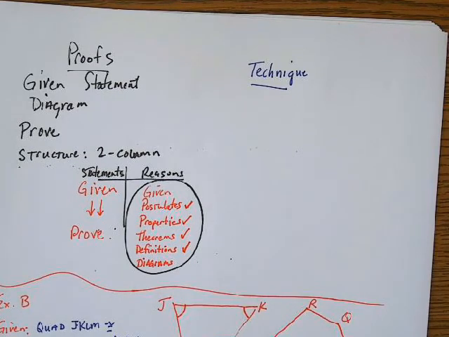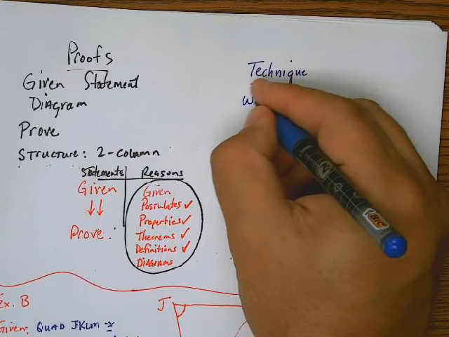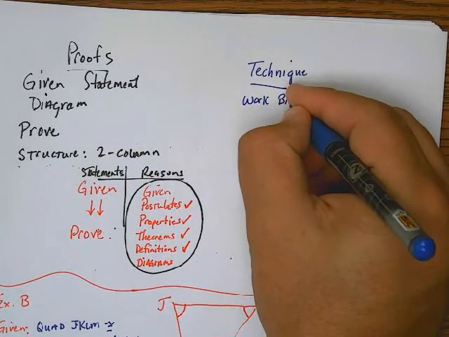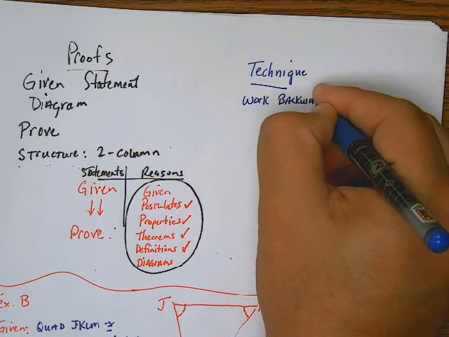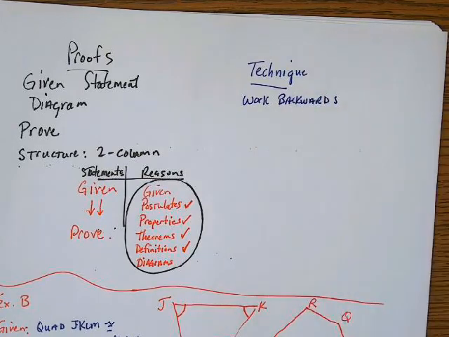Here's one technique. Work backwards. Work backwards. Okay, what does that mean? If I'm trying to prove something, what would need to be true in order for that to be true?